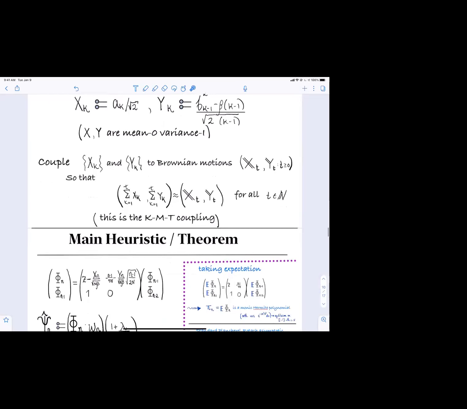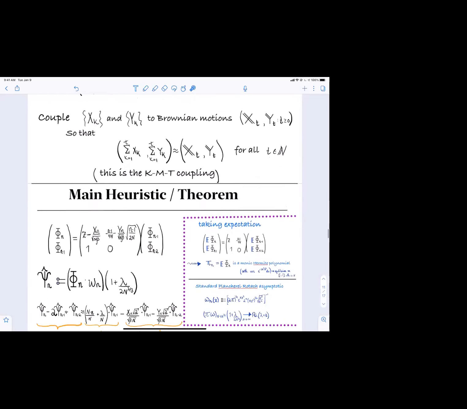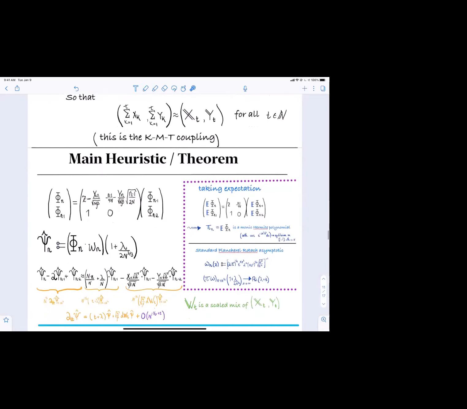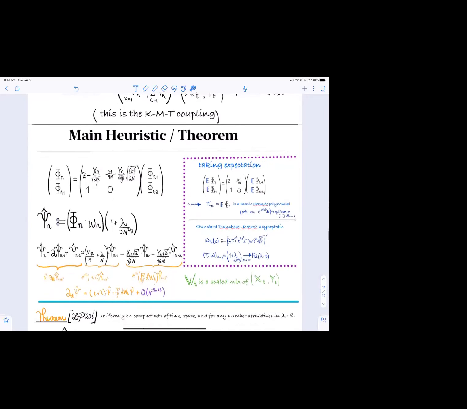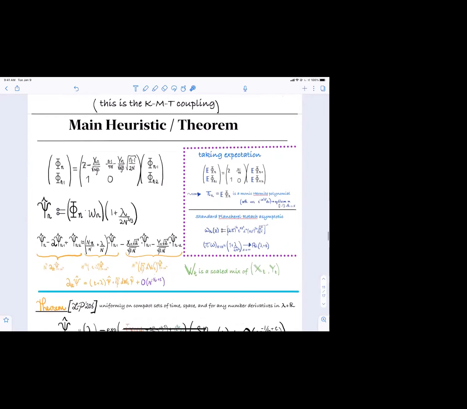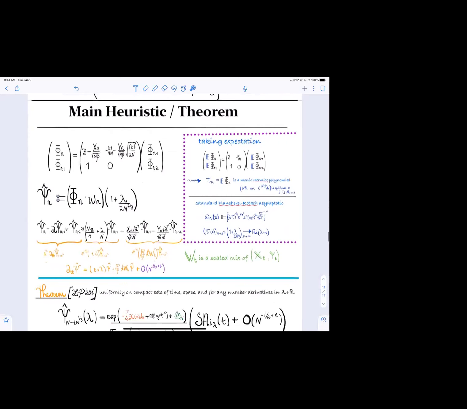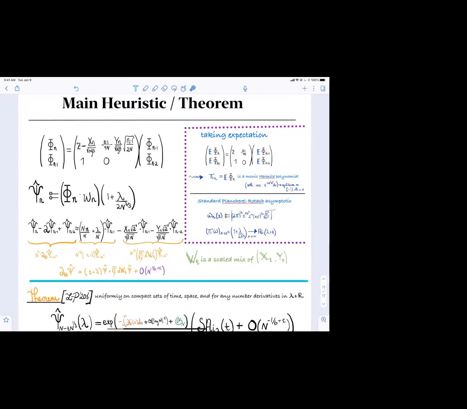And we can actually give a theorem, which is an explicit coupling between the two things, between the stochastic Airy function and the Gaussian characteristic polynomial with some error bound. There's quite a lot of notation on here.